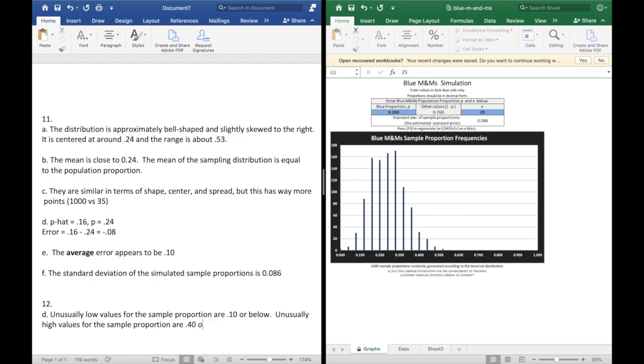Now this is just sort of eyeballing. So they form the left and right tails of the distribution. Okay? So that is what we're going to put for part D.